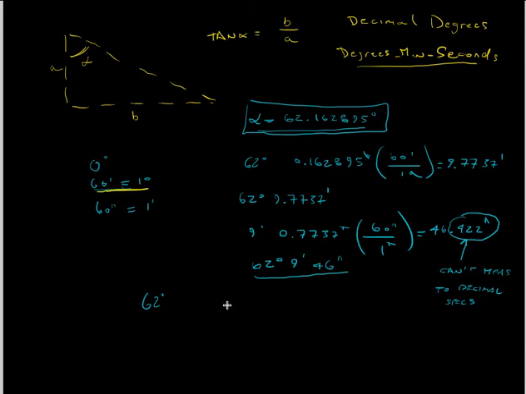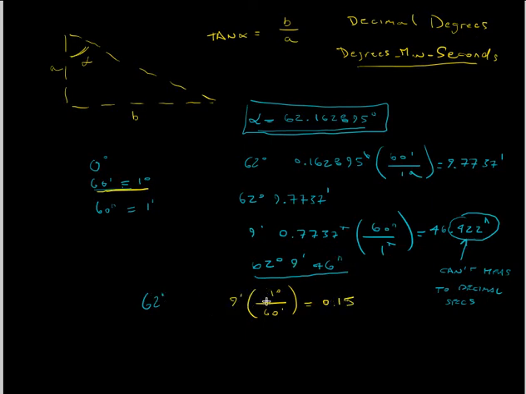So 9 minutes, 9 divided by 60, is equal to 0.15.